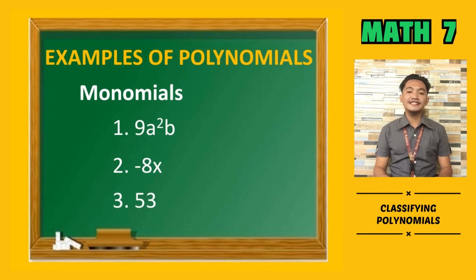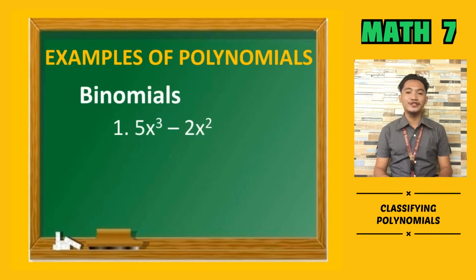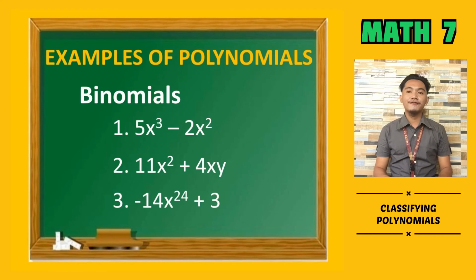Let's have another set of examples, and these are examples of binomials. We have 5x cubed less 2x squared, 11x squared plus 4xy, and negative 14x raised to 24 plus 3.